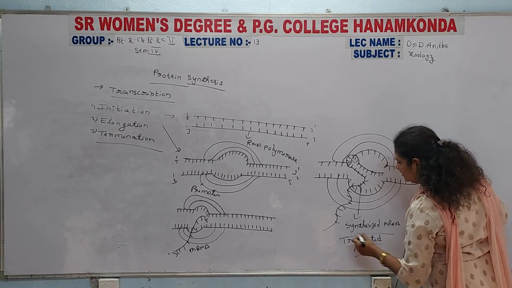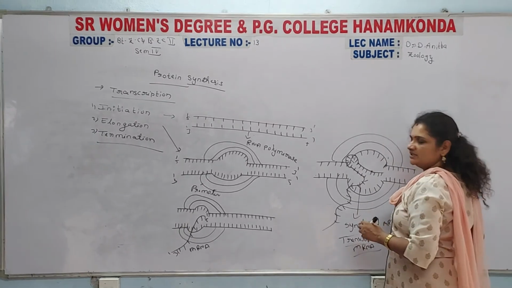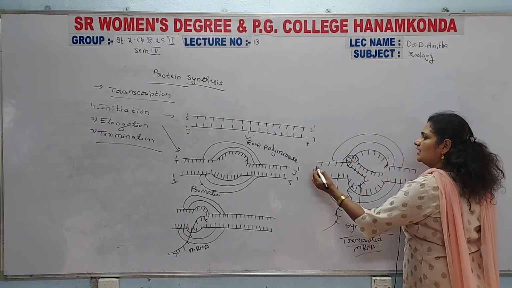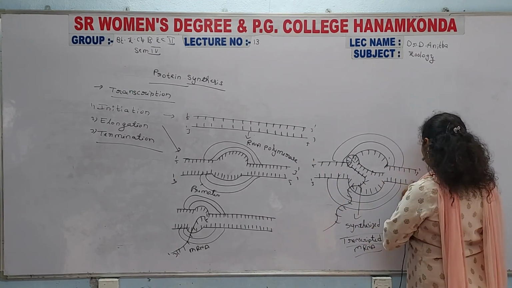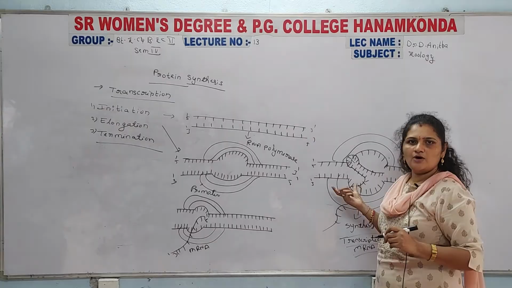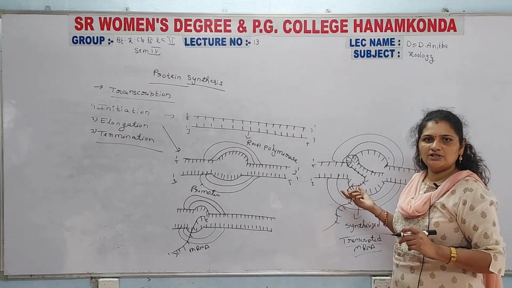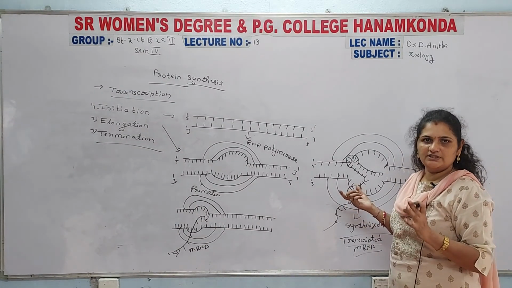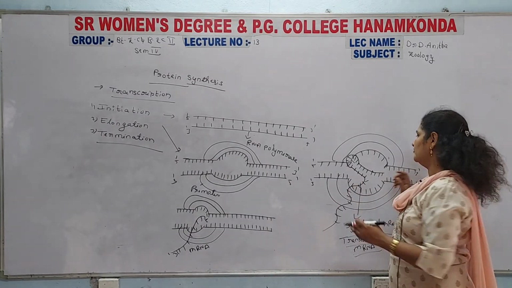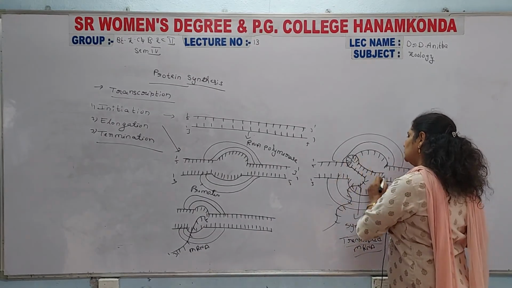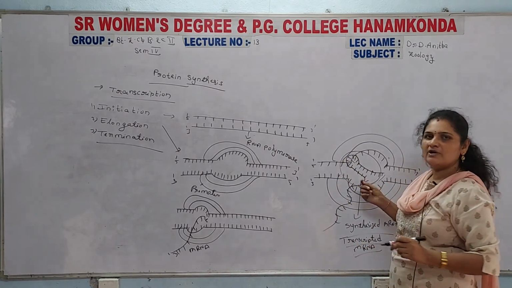So in this manner, the total information which was present inside the DNA is completely converted into the mRNA. Now the mRNA is considered the Xerox copy of the DNA. The information present in the DNA is totally received by the mRNA.